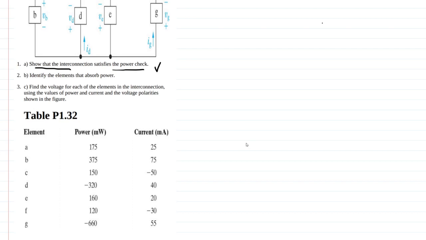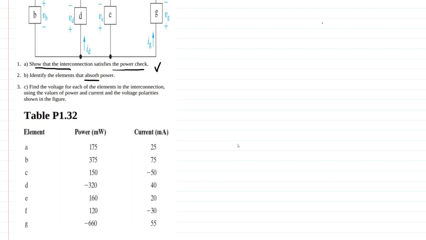So the number two thing we need to do is find out which elements absorb power. Now when it says absorb power, it means that it dissipates it or consumes it, converts it to some other form than it was before. Usually that'll be heat, or sometimes a motor, some other kind of form of work.